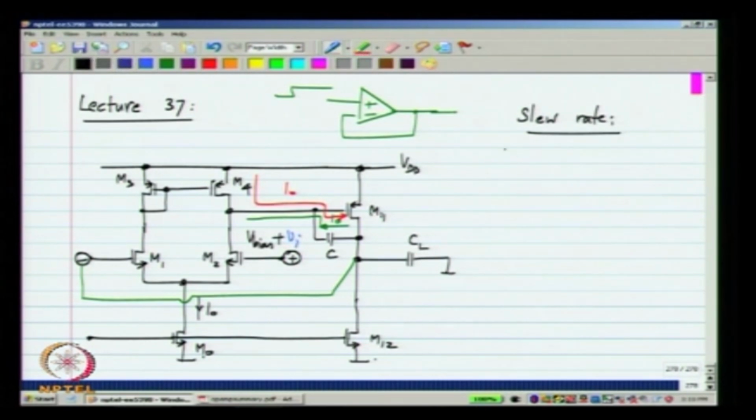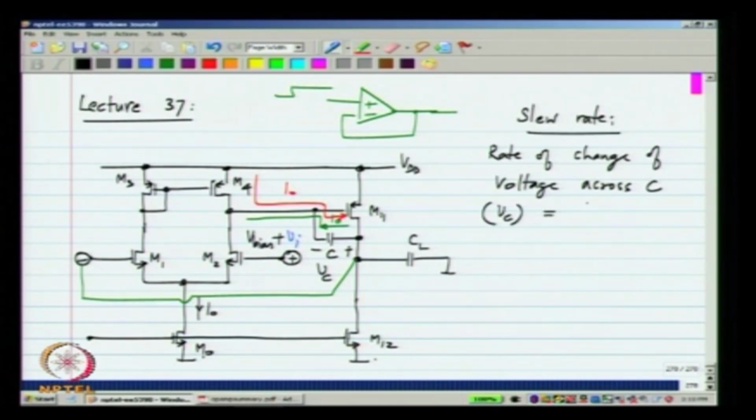First of all, the rate of change of the voltage across C, this voltage V C, is equal to plus minus I naught by C, assuming that a current I naught will flow through the capacitor. Now, what will be the output voltage?